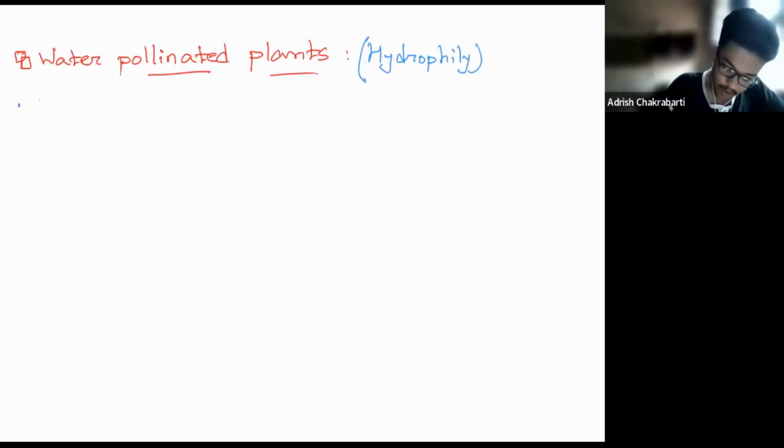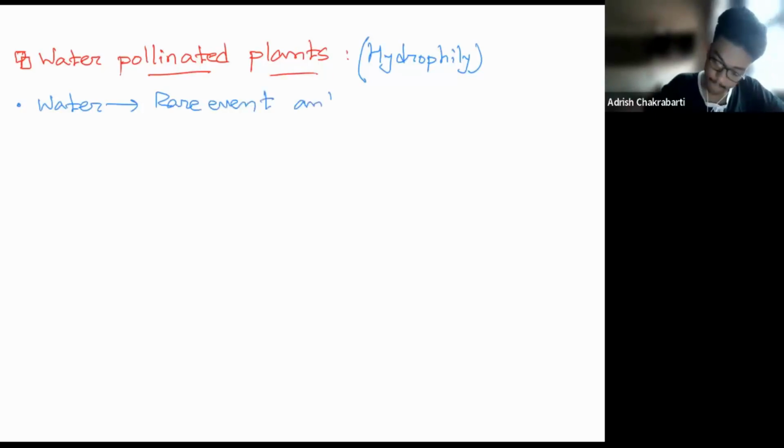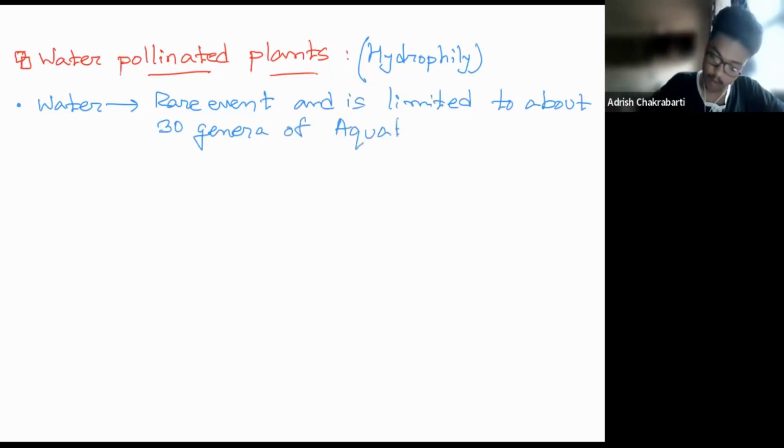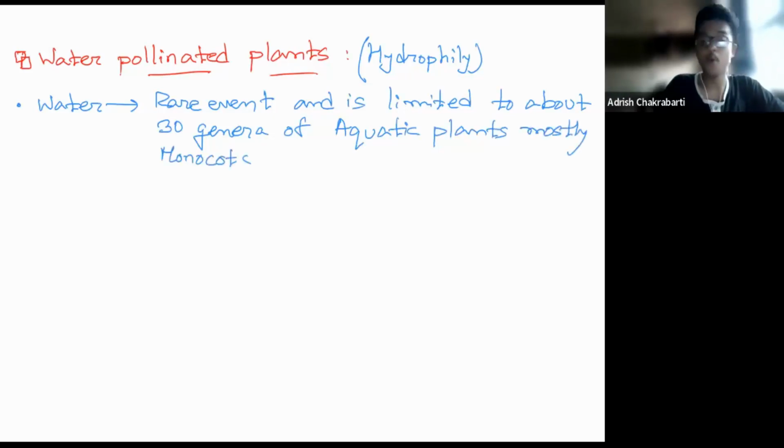Water acting as a pollinating agent is a rare event. It is limited to about 30 genera of aquatic plants, mostly monocots.